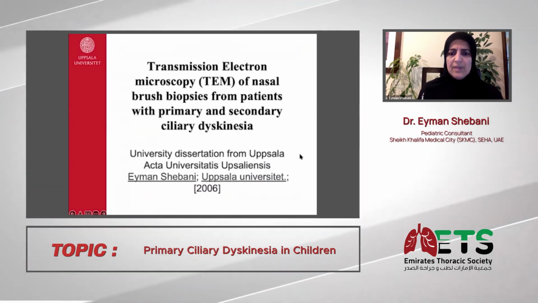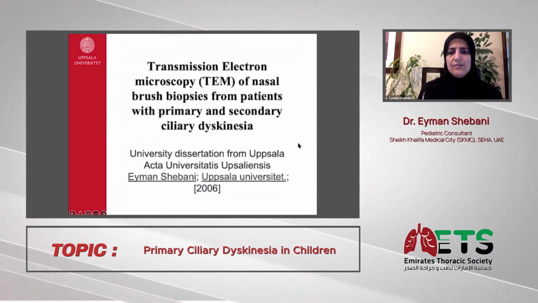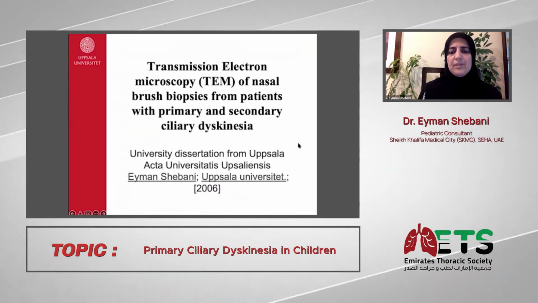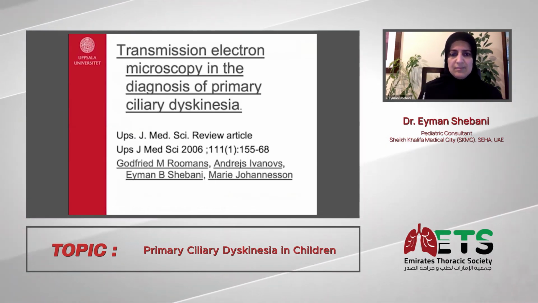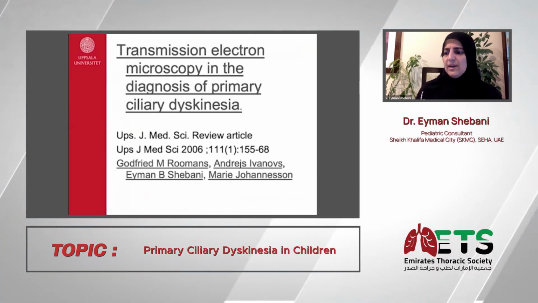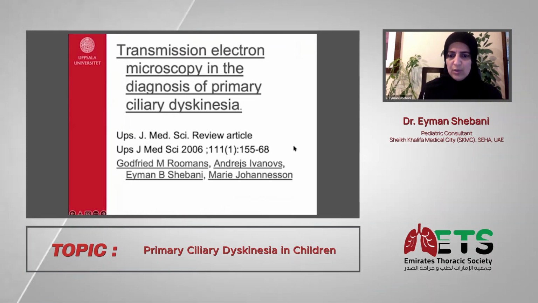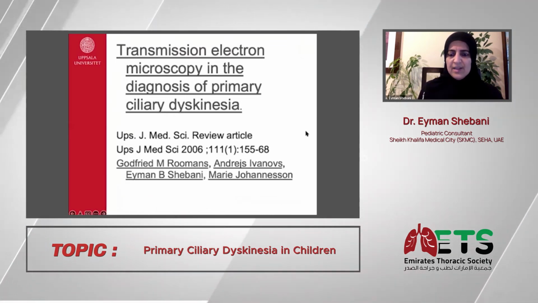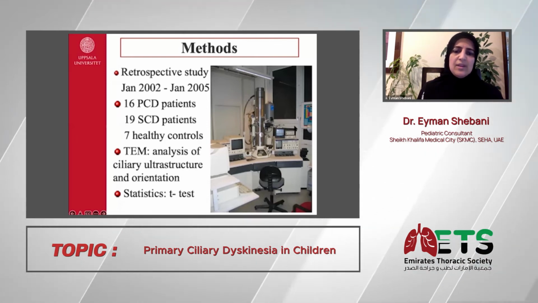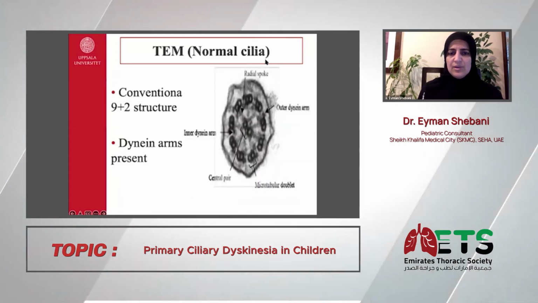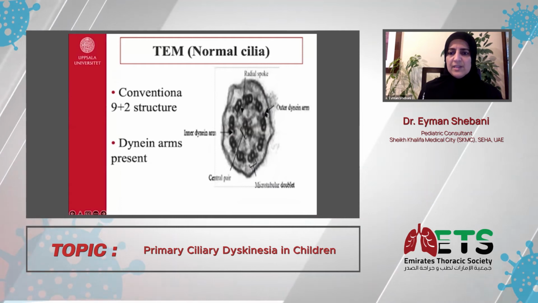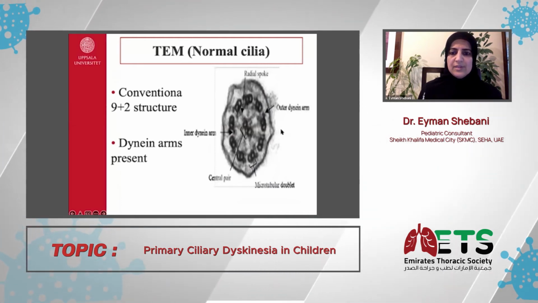This was part of my thesis, the study of how to differentiate between primary and secondary. I don't know how much time I have left, so I'll just quickly go through some of our findings. Here you see that there are no dynein arms.